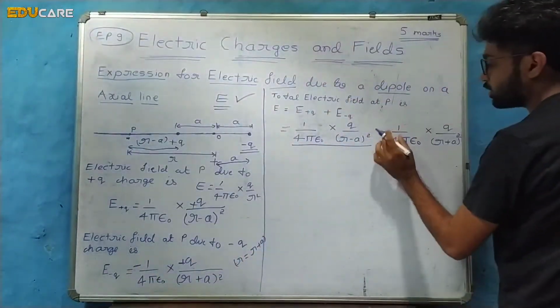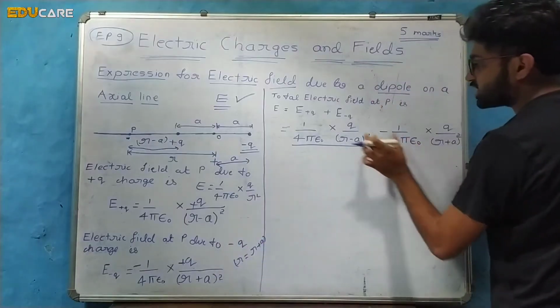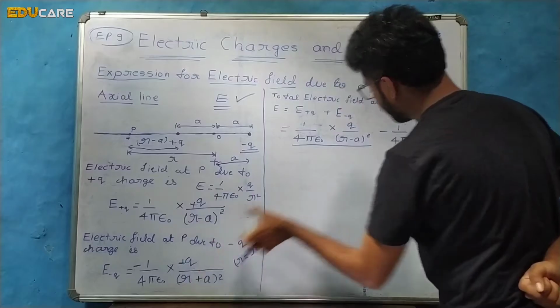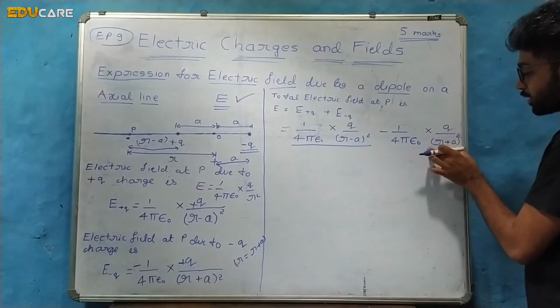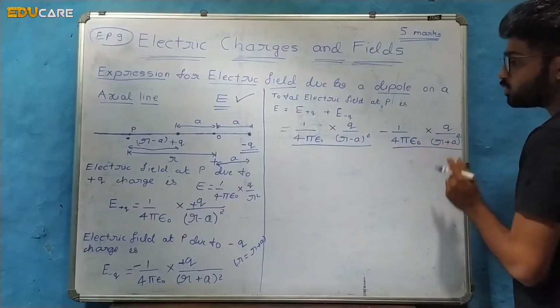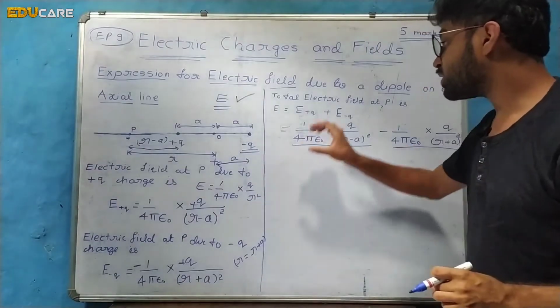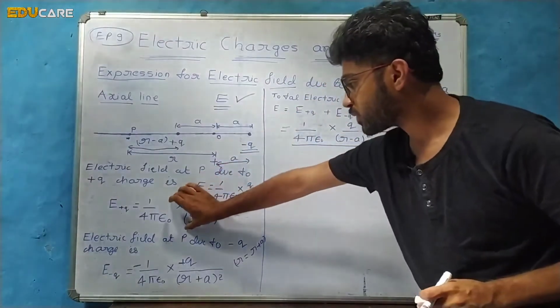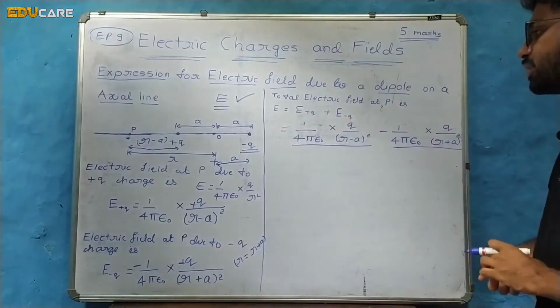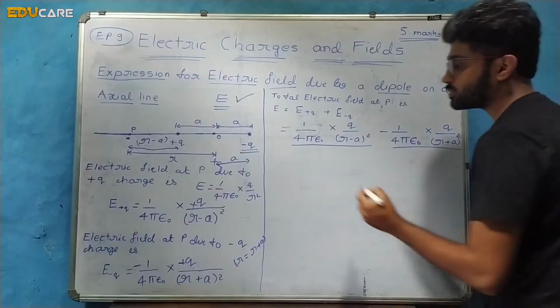So by substituting E minus Q, we can write it like this: 1 upon 4 pi epsilon naught into Q divided by R plus A square. I think it's clear now. We substituted the value of E plus Q and E minus Q in this equation, and we got this equation.